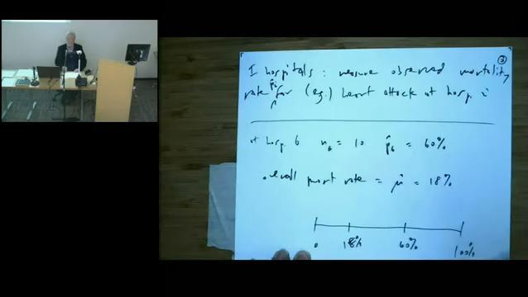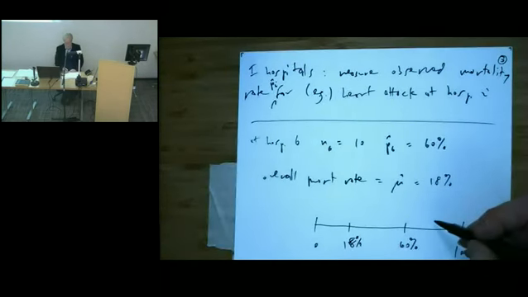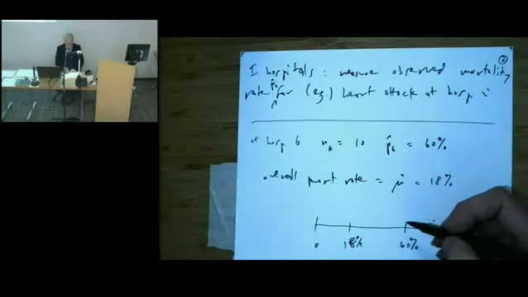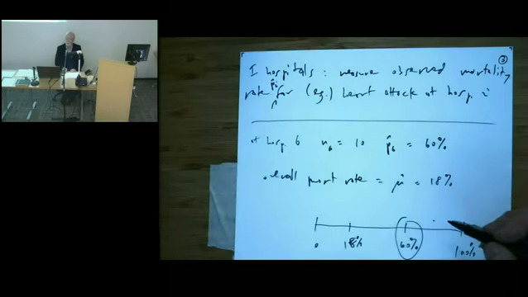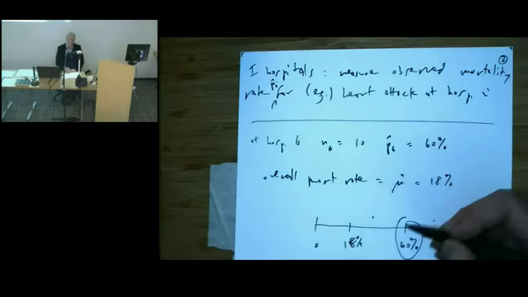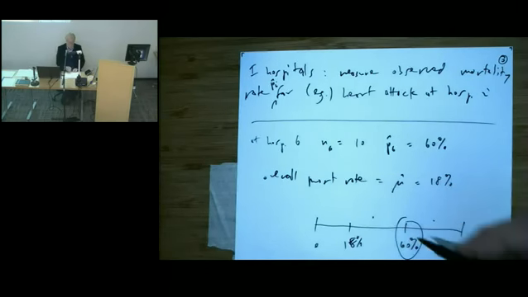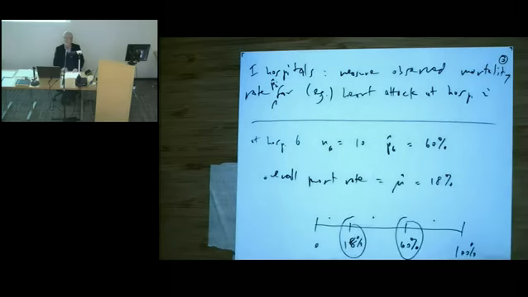You could guess that the mortality rate next year would be above 60%, or right about 60%, or between 18% and 60%, or 18%, or below 18%.